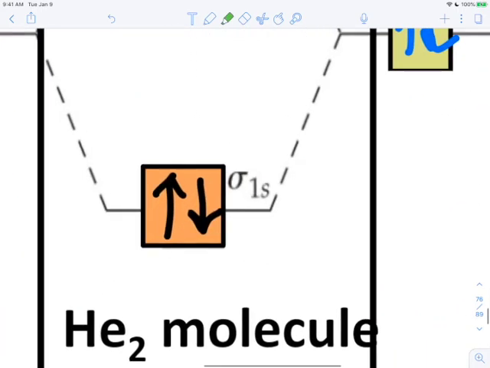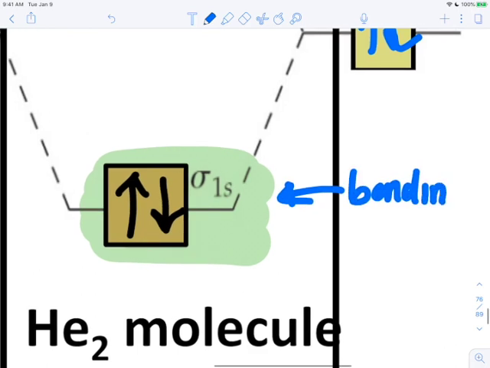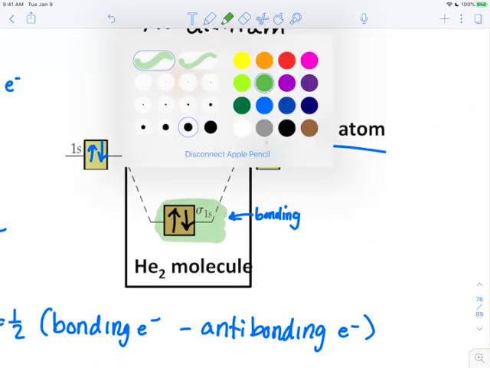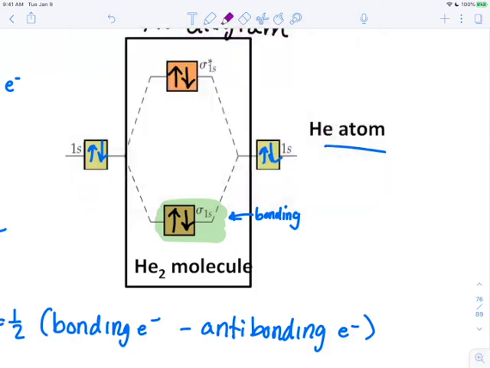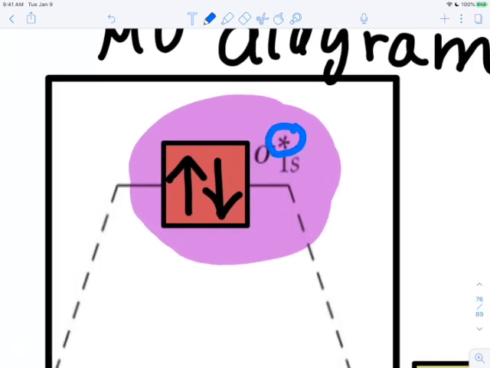And for the bonding, we are going to be looking at anything that does not have a star. So the star means it's antibonding. So if it's bonding, it doesn't have one of those. So this is a bonding orbital. So now up at the top, we see this star here, and that star represents this is antibonding.